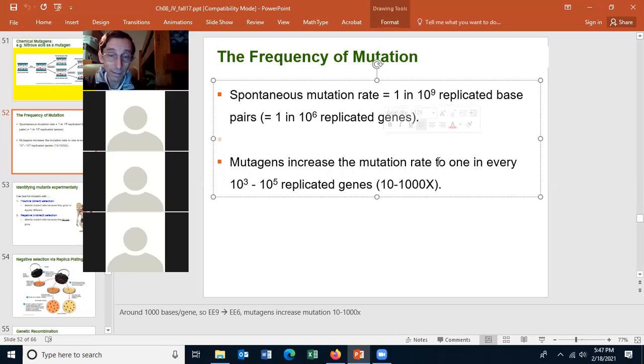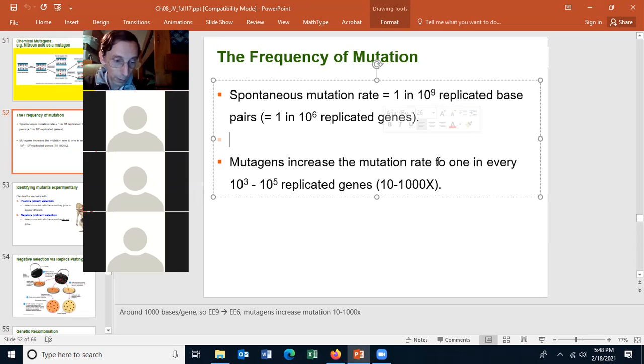This is meaning that a mutation happens once in 10 to the 6th replicated genes, or once in a million genes. And the reason for that is that most genes are about 1,000 nucleotides long, and so the mutation rate per gene is 1 in 10 to the 6th.